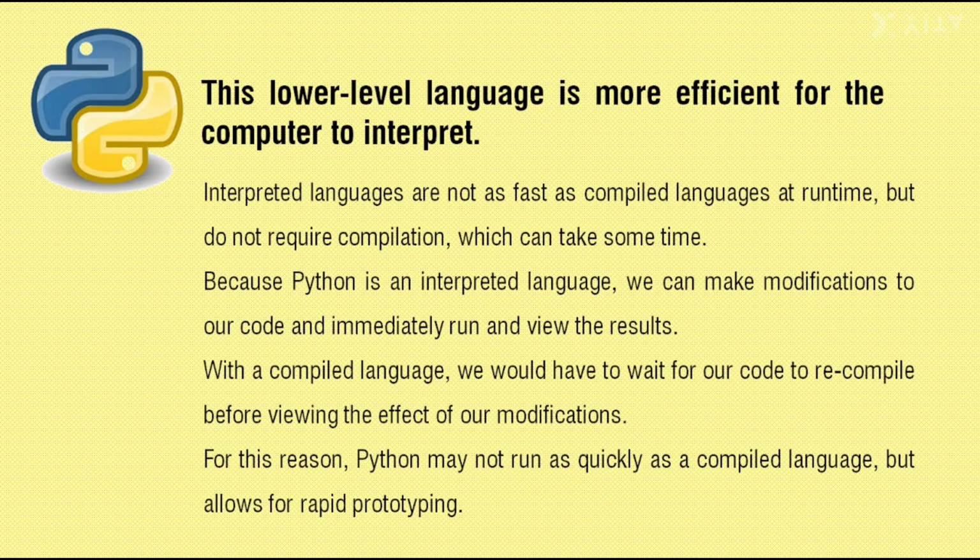Interpreted languages are not as fast as compiled languages at runtime, but do not require compilation, which can take some time. Because Python is an interpreted language, we can make modifications to our code and immediately run and view the results. With a compiled language, we would have to wait for our code to recompile before viewing the effect of our modification. For this reason, Python may not run as quickly as a compiled language, but it allows for rapid prototyping.